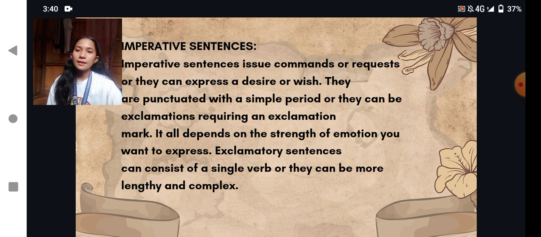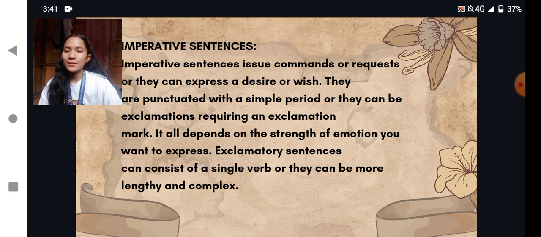Exclamatory sentences can consist of a single verb, or they can be more lengthy and complex. When I say imperative sentences, these sentences are used to issue commands, requests, or express desires. They can be punctuated with a simple period or an exclamation mark, depending on the strength of emotion you want to convey. Imperative sentences are often used when giving instructions or making requests.